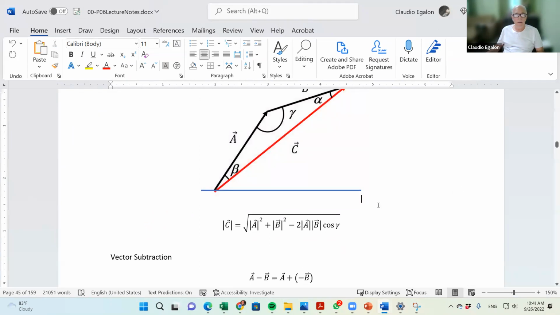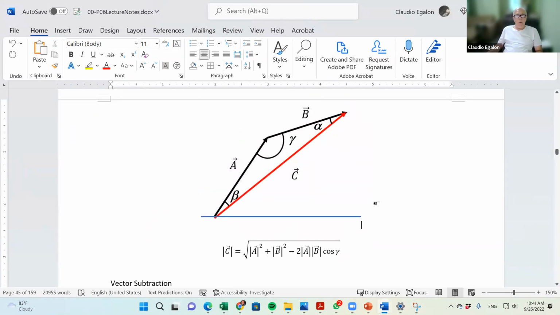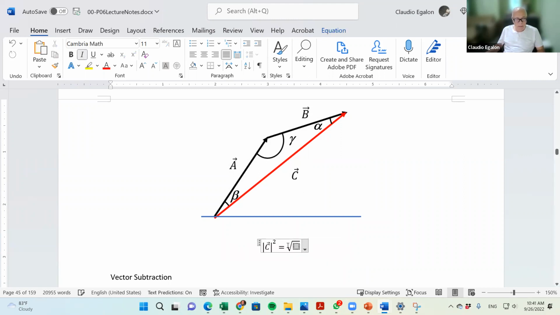Even better, instead of writing down that square root, I'm going to put c squared here and take everything out. Here's the cosine law. I'm not going to prove that. I'm just going to display it to you so you can memorize it. It's not difficult to memorize.